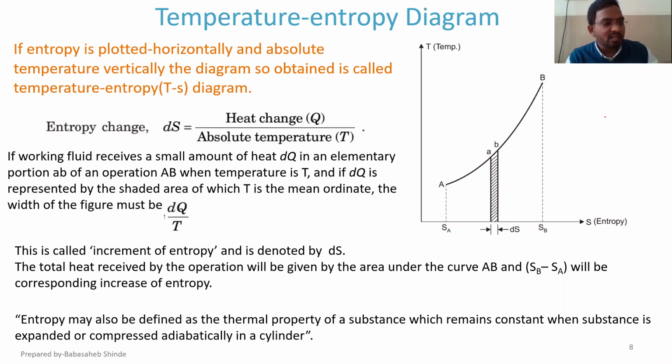What is area under the curve in PV diagram? Can any one of you tell me? P into delta V. What is P into delta V or P into dV? Anybody?